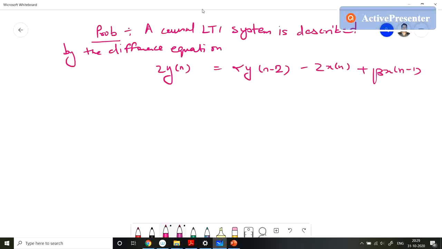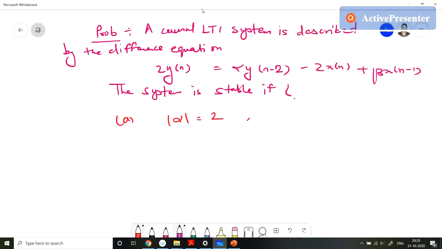Now we need to find out the condition that the system is stable, in terms of the value of beta. So what are the conditions? We have various conditions. The first condition is alpha is equal to 2 and beta is less than 2.